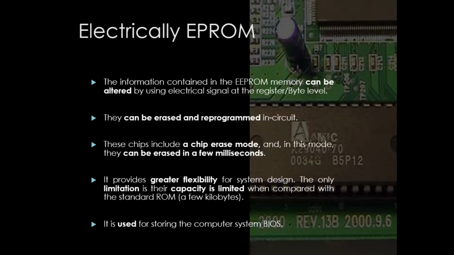So there is no need of removing the memory chip from your embedded system circuit and keeping it separate. So I say there is no time consuming or tedious process here. These EEPROMs come with an erase mode and a programming mode, and it will hardly take a few milliseconds for erasing the data and the same few milliseconds for reprogramming.